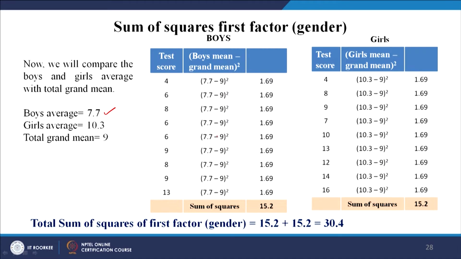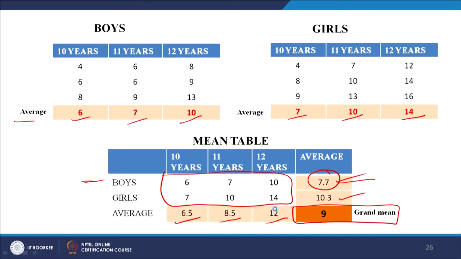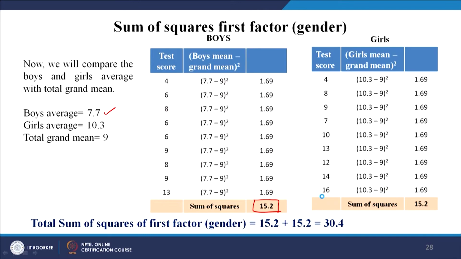So, the same thing happens for all, right. So, I am getting a sum of square of how much? 15.2, right. Now, for girls, what is the value? Let us check, 10.3, right. So, the girls average is 10.3. So, the girls average minus the grand mean, the square of it.